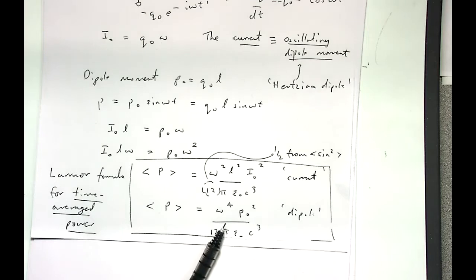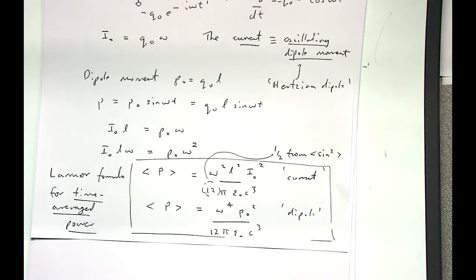So with this way of looking at it, you'll see that this omega term here now appears with a power of 4 against it. So imagine I have a certain size of dipole moment, and I vary the frequency with which that dipole moment is changing with time. As I double the frequency, the power goes up by a factor of 16.